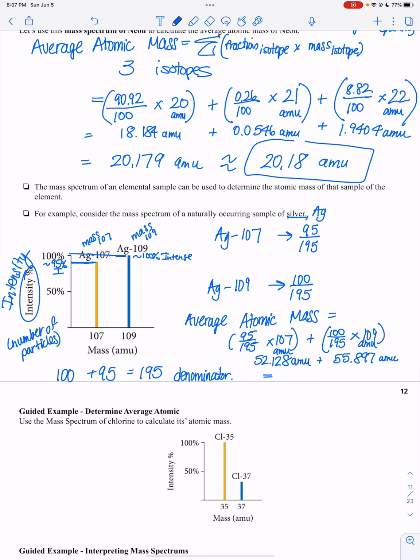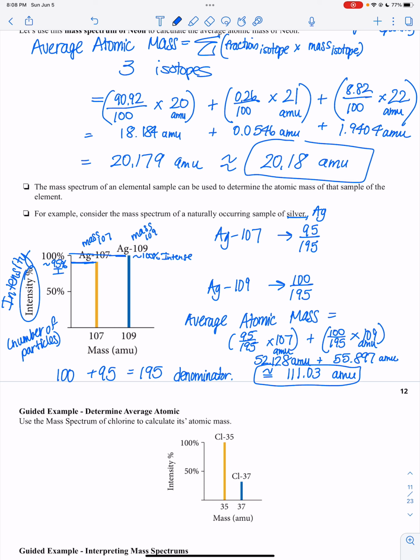If I add these two together, I will get my average atomic mass, which is approximately 111.03 AMU.